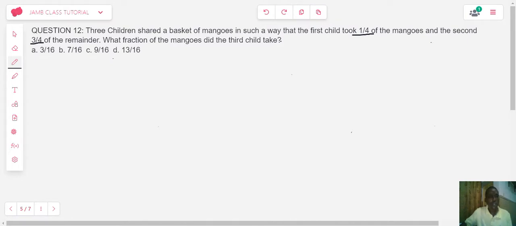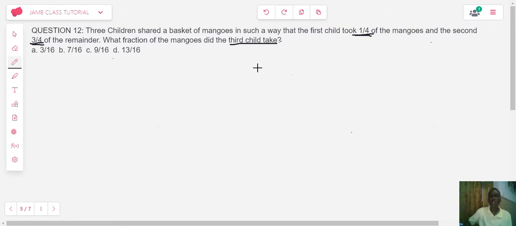That's very important. Question number 12 says three children share a basket of mangoes in such a way that the first child took 1/4 of the mangoes and the second child took 3/4 of the remainder. What fraction of the mangoes did the third child take?